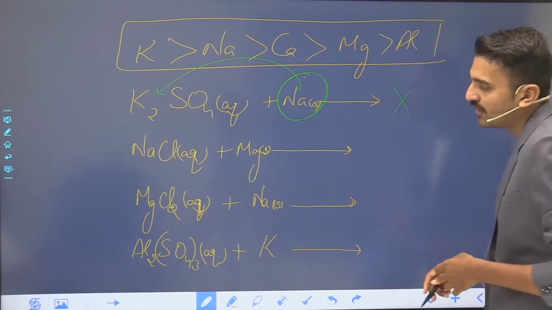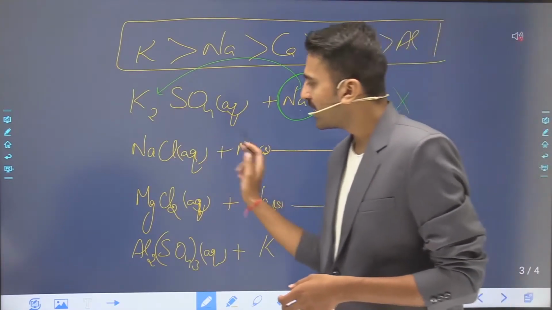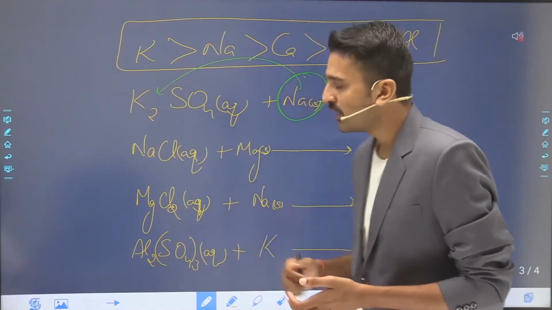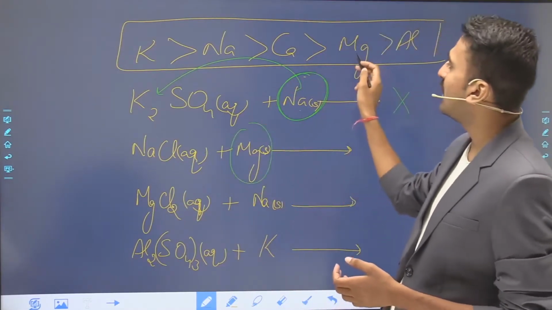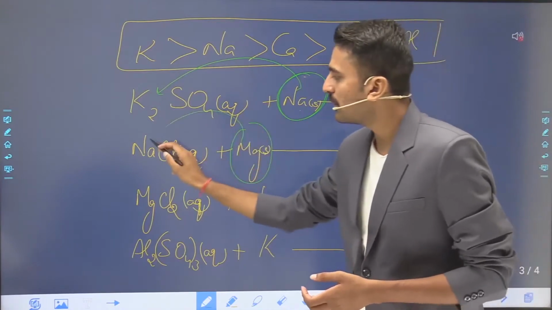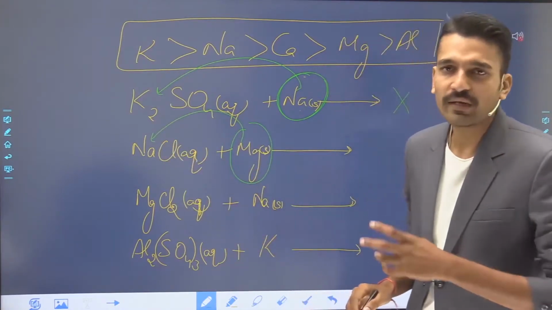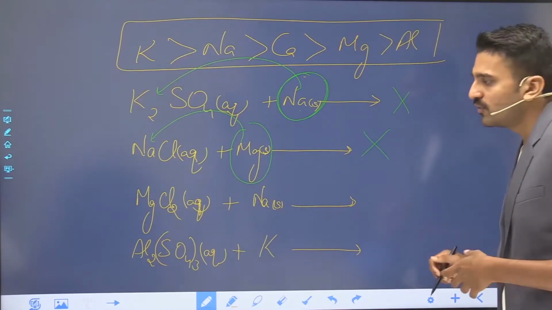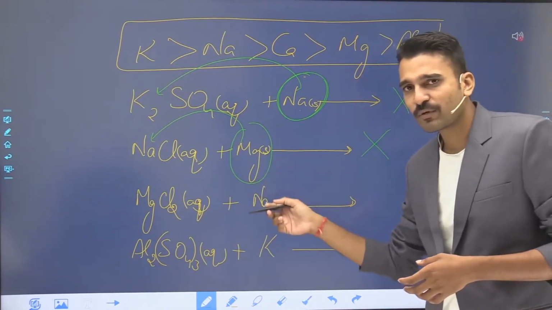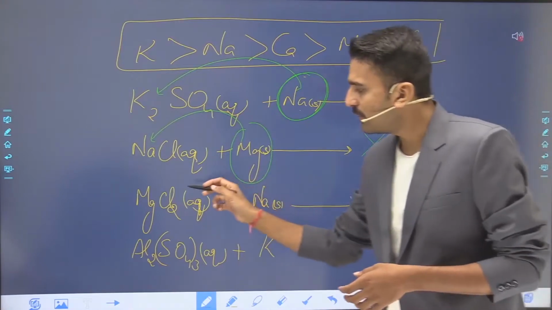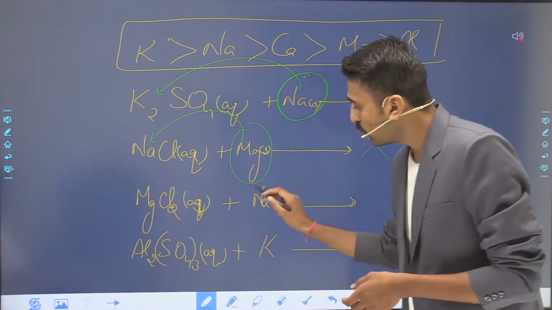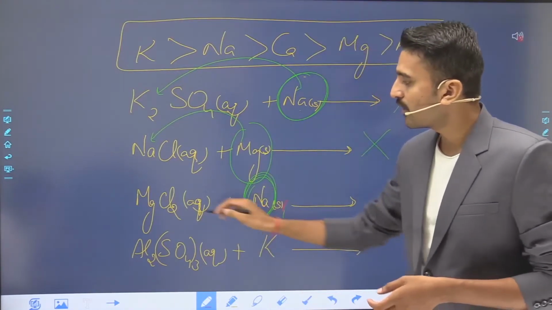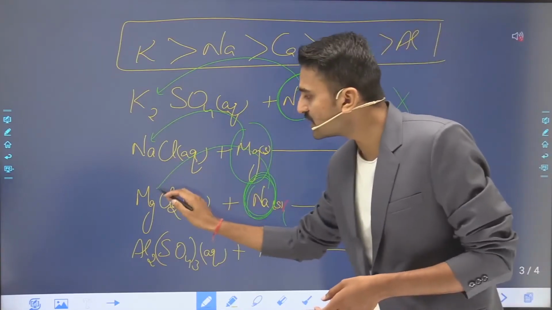Let us check another example. When magnesium is dipped in NaCl solution, magnesium is also less reactive than sodium. So magnesium will not displace sodium from its salt solution, and this reaction will not proceed. What happens when sodium is dipped in MgCl2 solution? Sodium, which is more reactive than magnesium, displaces magnesium from its salt solution.